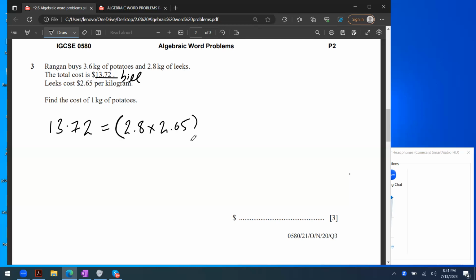And 3.6 kg of potato times, we don't know the cost, so let's suppose, call it y. You can just solve for y now. Y is equal to 1.75.